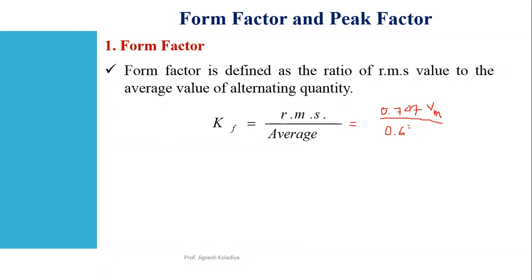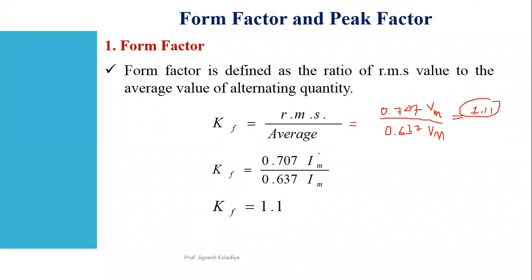We have already completed this. Vm cancels, and what I'm getting here is 0.707 divided by 0.637, which is 1.11.